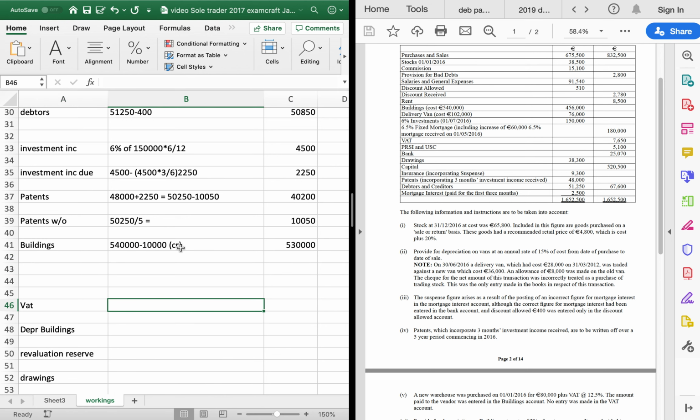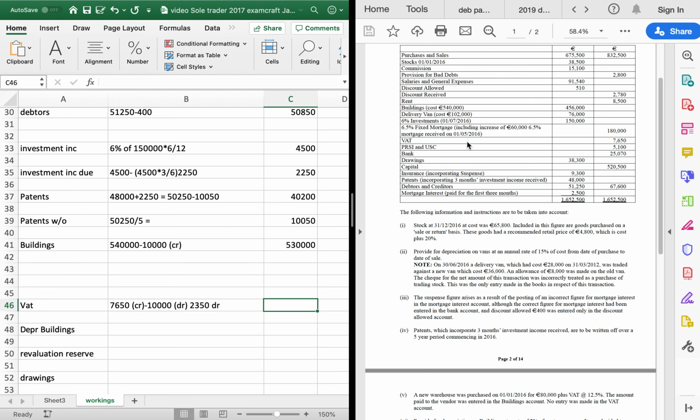Now, we took it out of buildings and we're putting it into VAT. So we have to debit it to VAT. So we look, VAT starts as 7,650 as a credit, and we're going to debit or take away 10,000. And VAT then is going to end up as 2,350 as a debit.